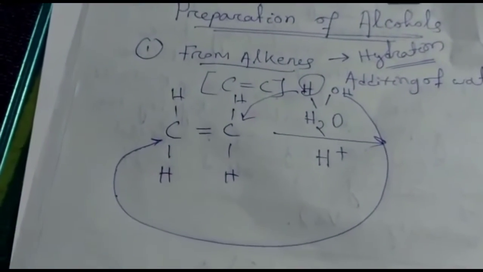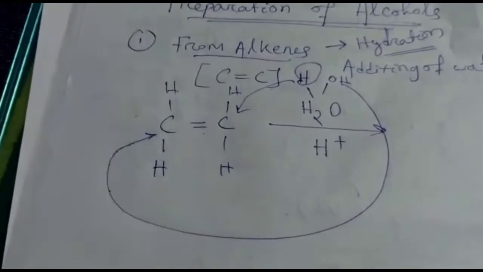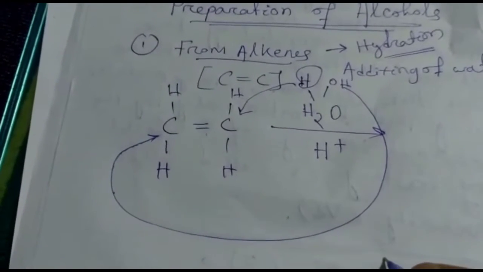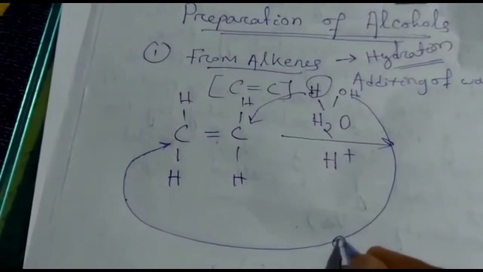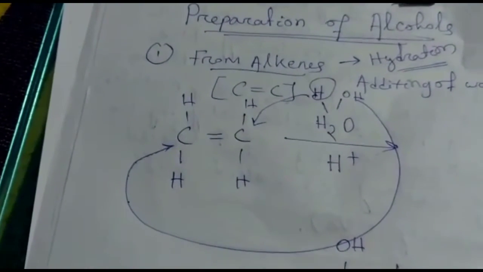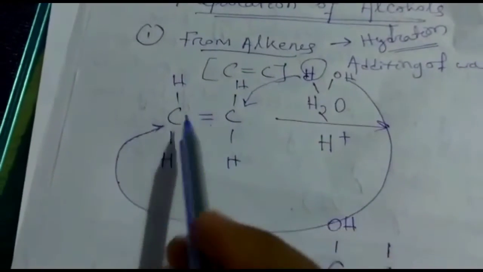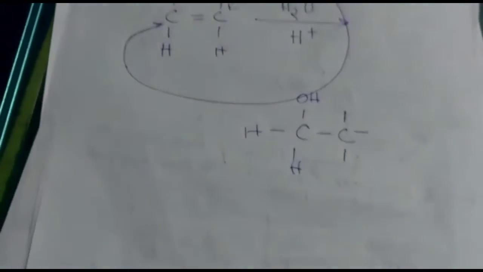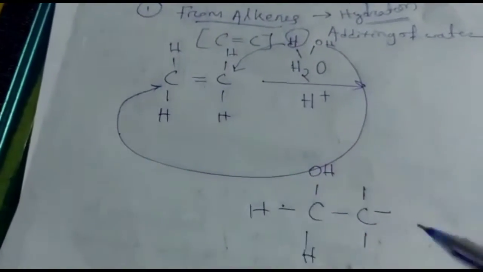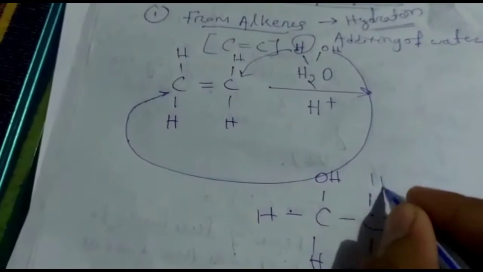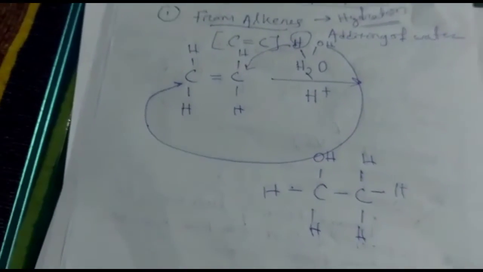Now what will be the compound? Single bond, single bond. Here two hydrogens, and here it is OH, H and H. Previously two hydrogens are there, these are the hydrogens, and OH will attach with the carbon. Now here one more hydrogen. Now this is our alcohol, the desired product.